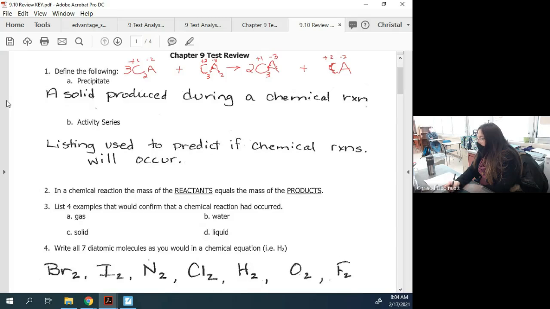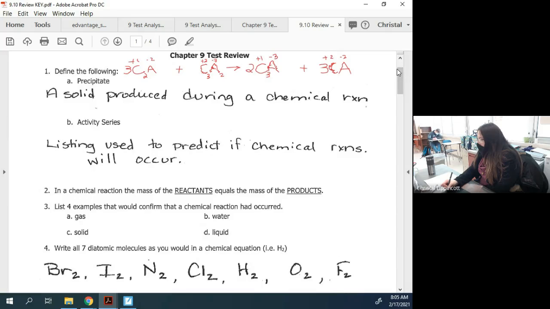My straight A's then, I have 3 here. I need 3 on this side. So now I've taken care of that. Now my squiggly C, I have 3 of those, which is good because I've got 3 over here. My squiggly A, I have 2. And over here I've got 2. And so everything's balanced at this point.